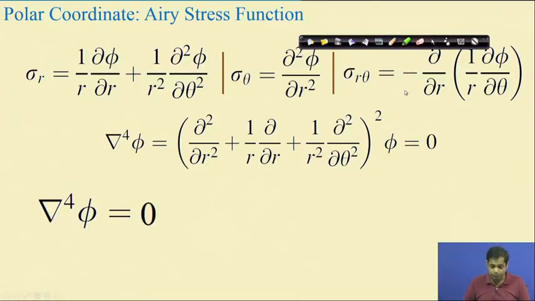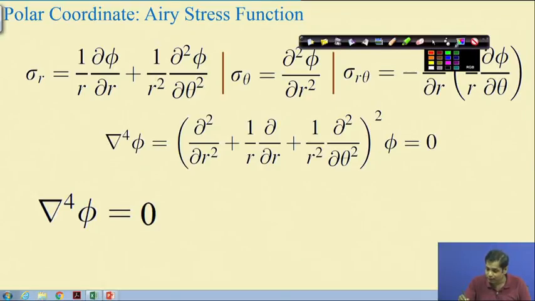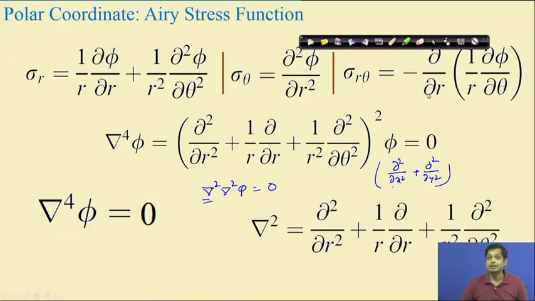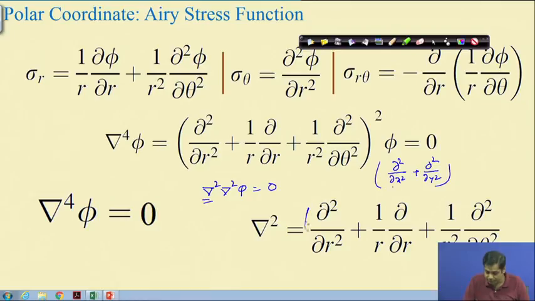If you recall, del 4 phi is del 2 of del 2 phi equal to 0, where the del 2 operator in the Cartesian coordinate system was del 2 by del x 2 plus del 2 by del y 2, but now in the polar coordinate system that operator becomes this. If we substitute this operator in the expression, we get this.